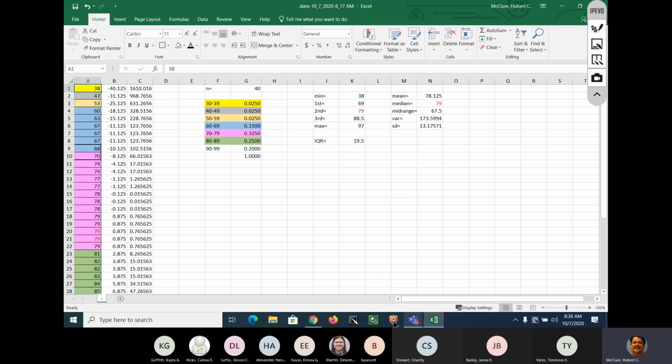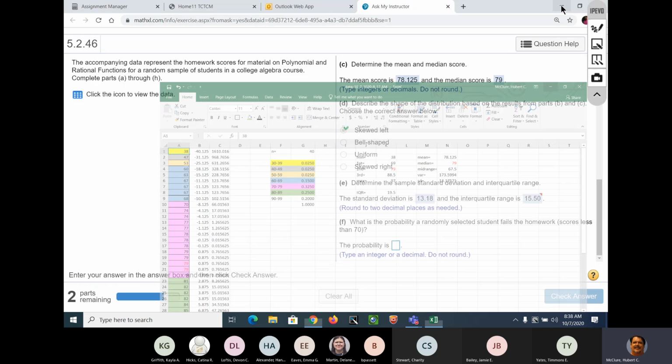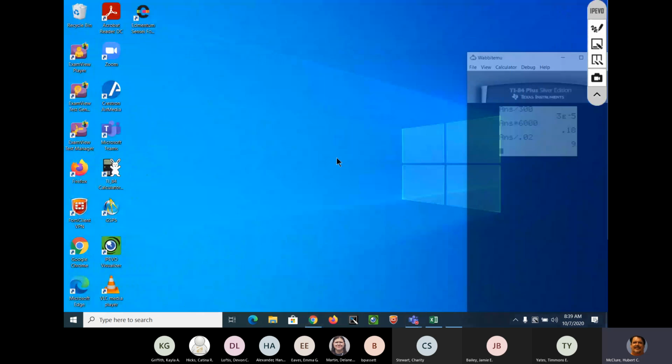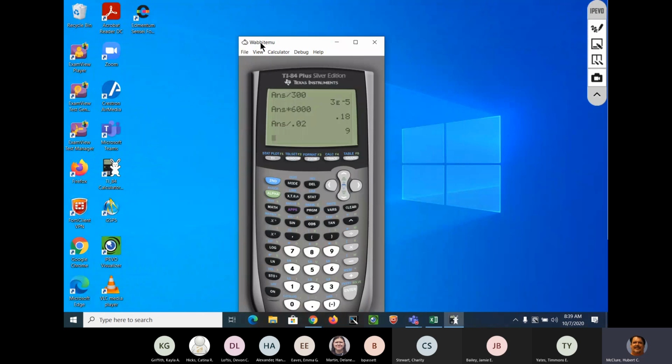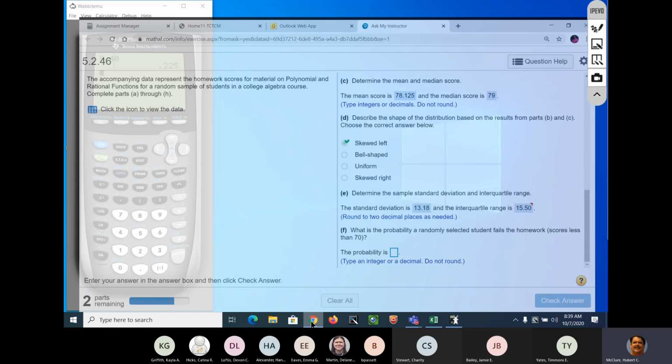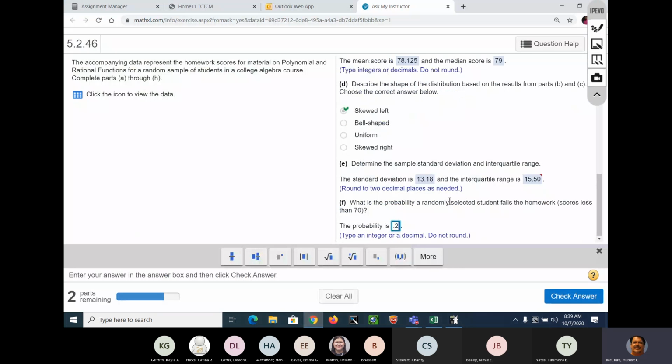That'd be 9 out of 40. So take your handy dandy calculator and do 9 divided by 40. It's 0.225. So go back to the question and type in 0.225.